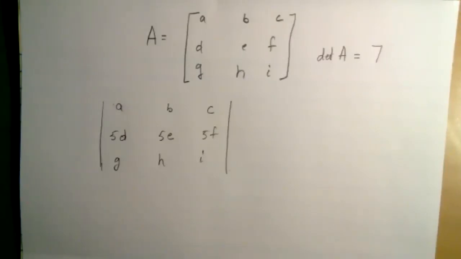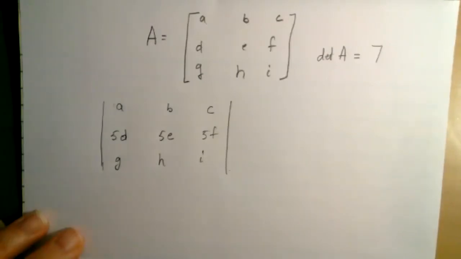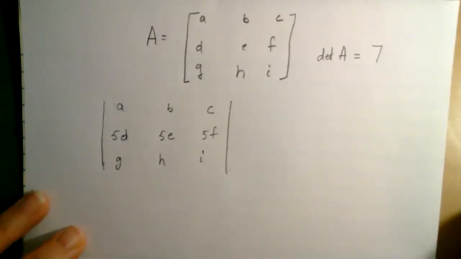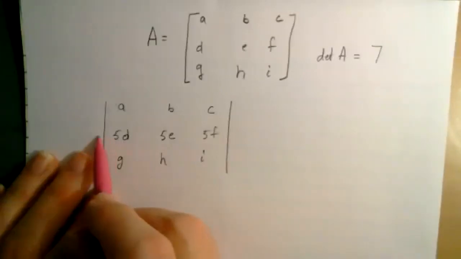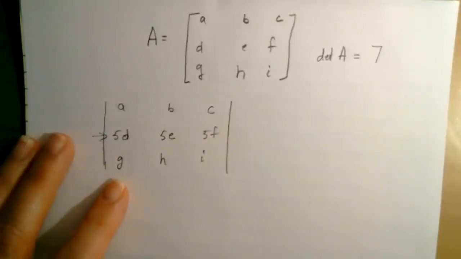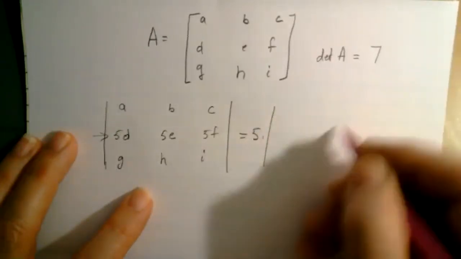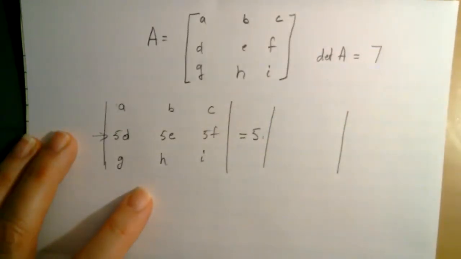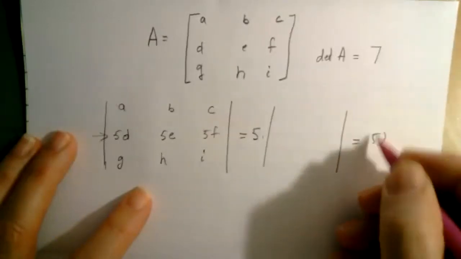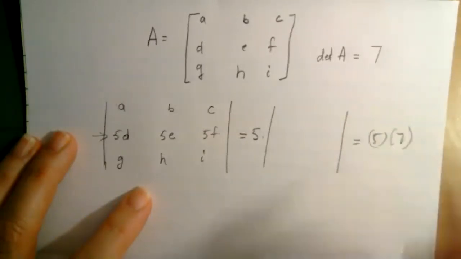It's very clear what I did. Quickly, everybody, 35. Because what did I do? I multiplied one row by 5. So this is going to give me 5 times the determinant of A. It means 5 times 7.